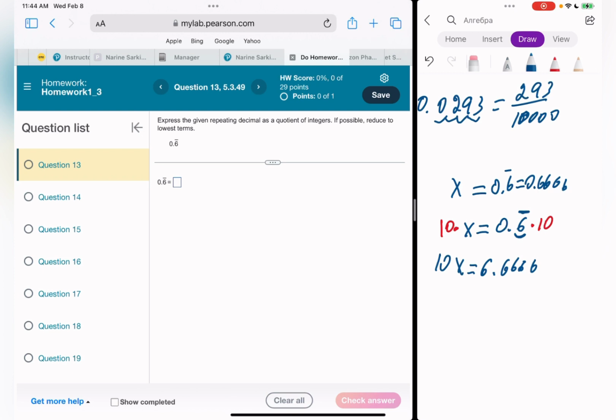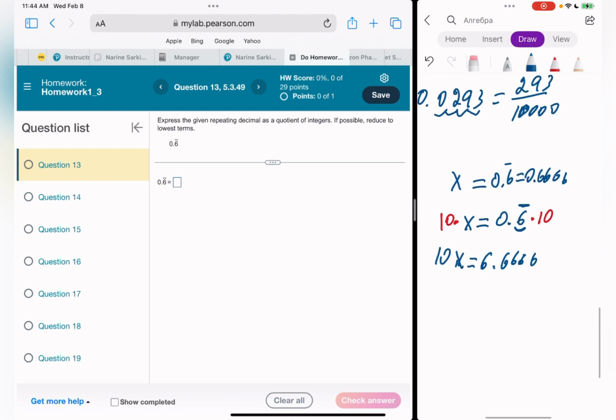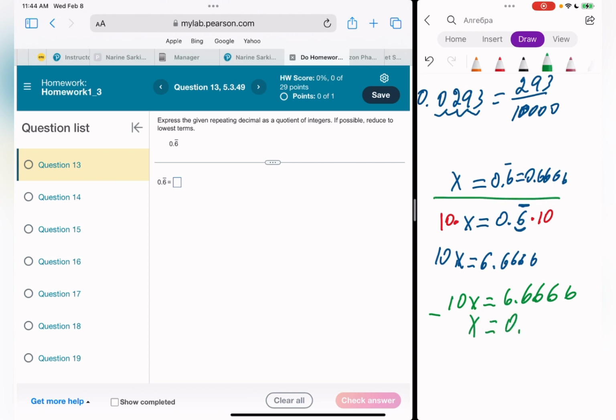Now I'm taking this 10x, that is equal to 6.6666, and minus this one, minus x, that is equal to 0.6666.